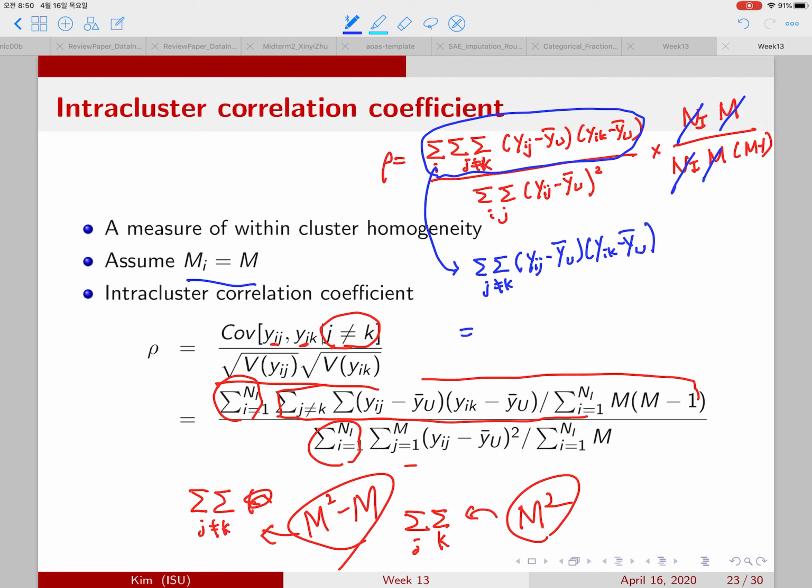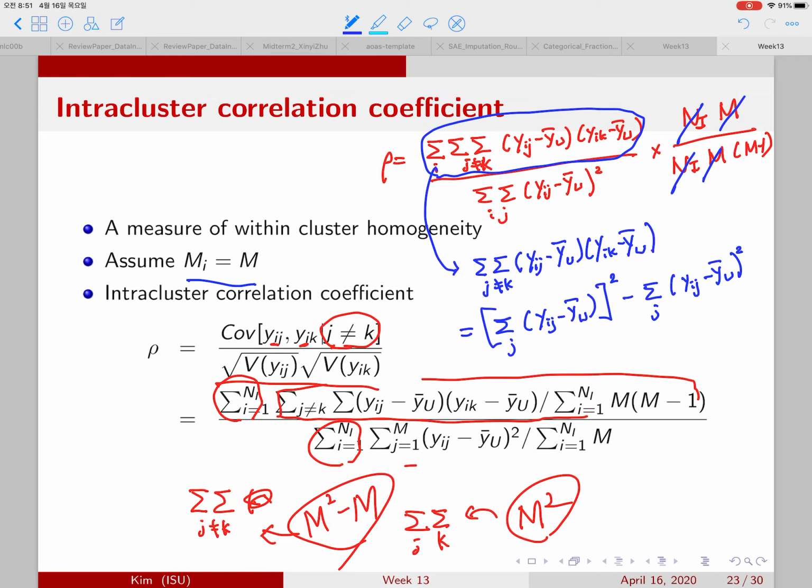The idea is you can use this algebra. How can you get this cross product? You basically square this and then subtract the other term, something like this, right?